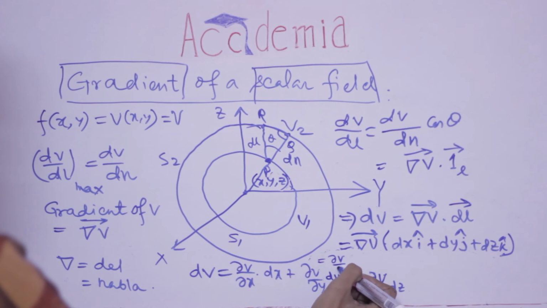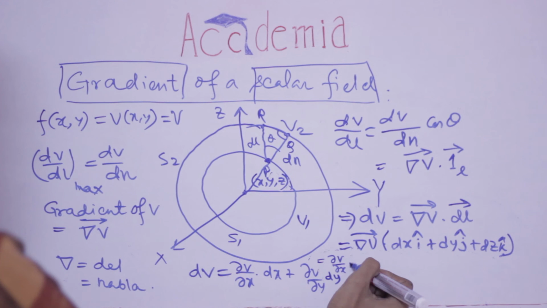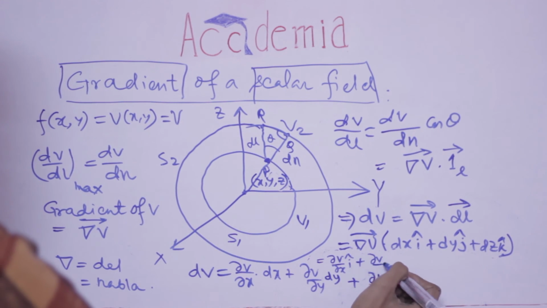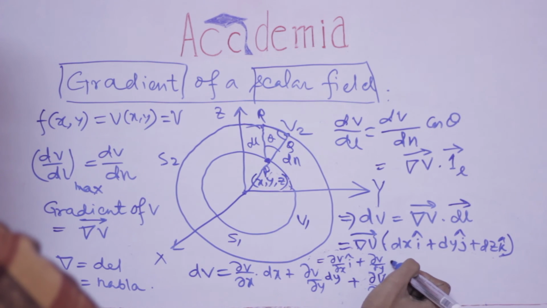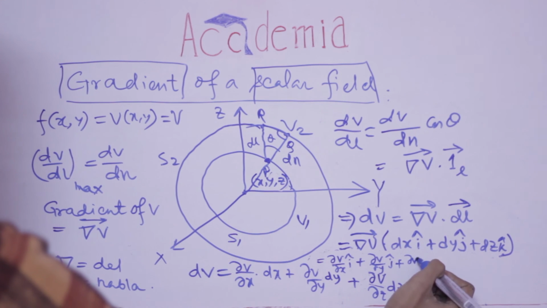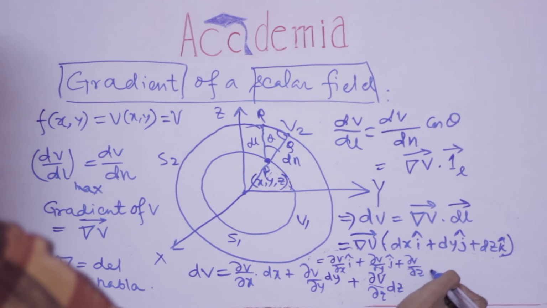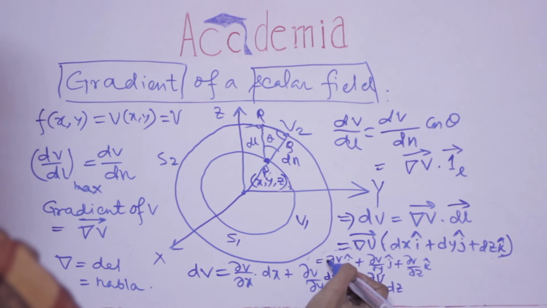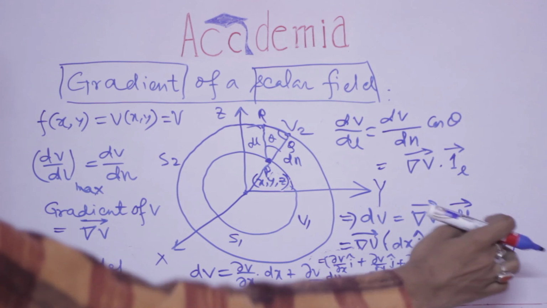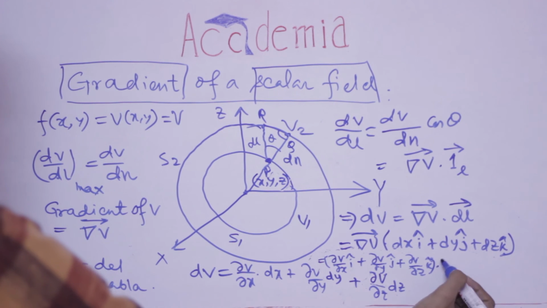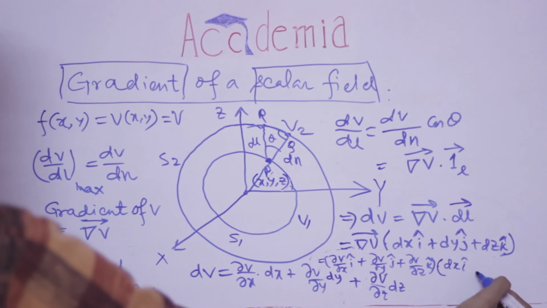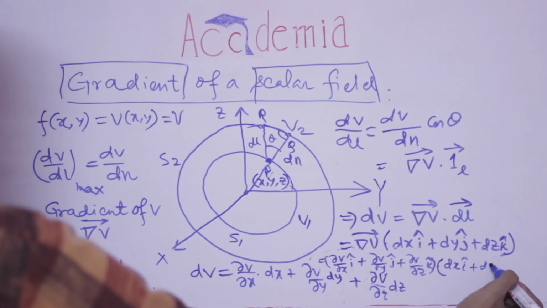Grad v can be written as del v del x i plus del v del y j plus del v del z k, dot dx i plus dy j plus dz k.